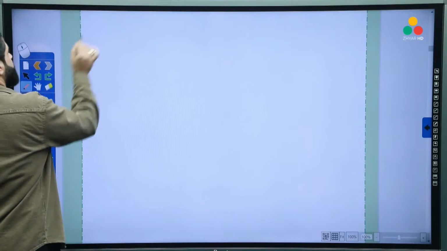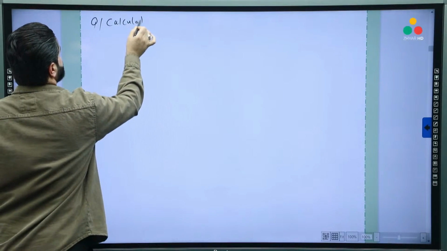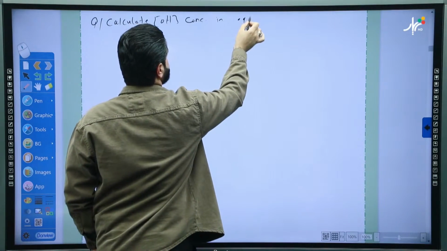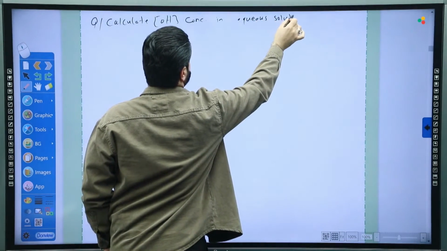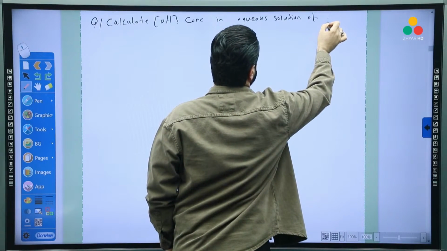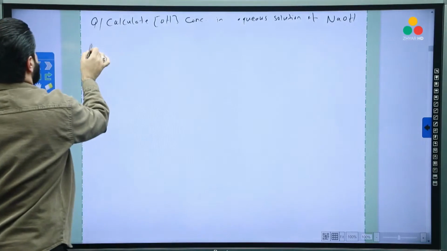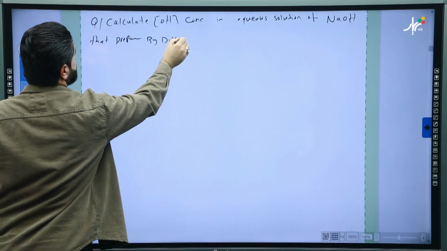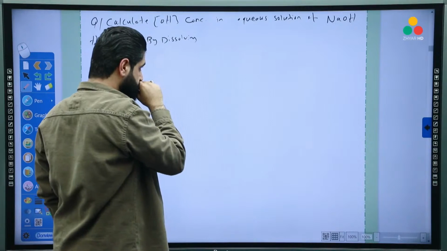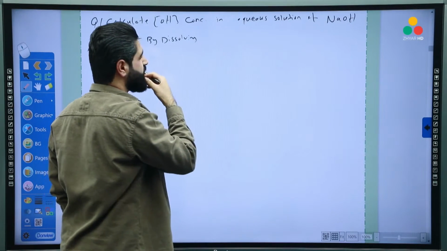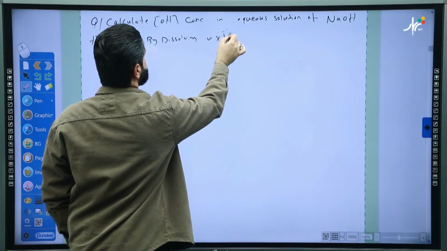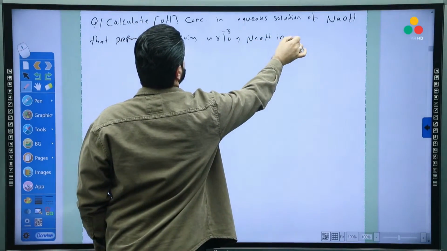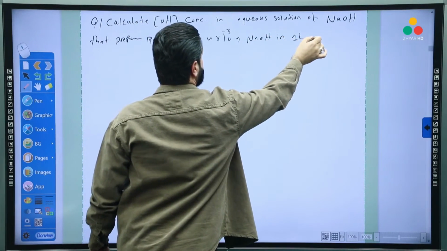Well, look, we have a question. Calculate the OH concentration in an aqueous solution of NaOH that is prepared by dissolving, let me think about a number, 4 times 10 to the negative 3 grams of NaOH in 1 liter of solution.